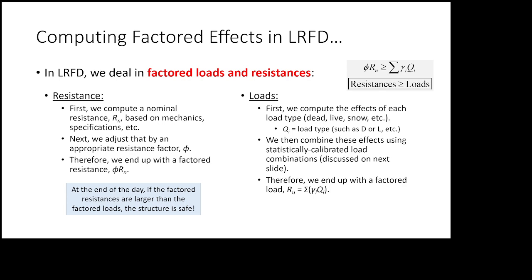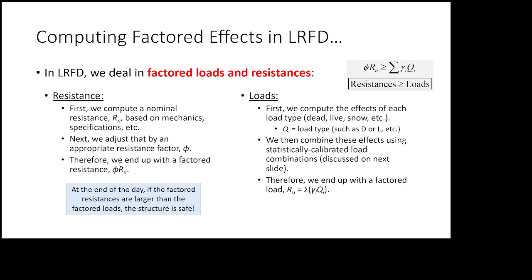For load land, what we might do is we might have a dead load of, I don't know, 100 pounds. We might have a live load of, I don't know, 300 pounds. Okay? I've just made these numbers up because I don't even know if they work. And so what we then do is we say, okay, let's test a series of load combos.